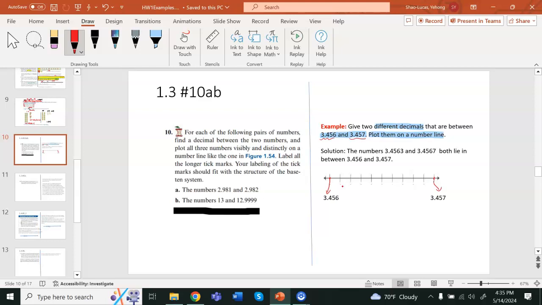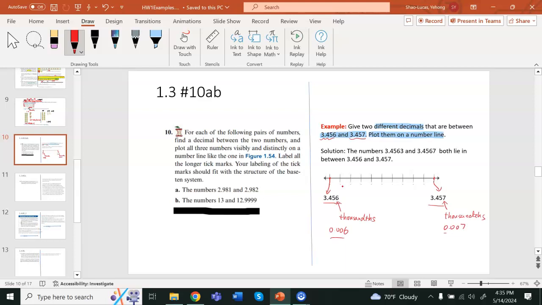Remember, between these two numbers, you can see the two given numbers, 456 and 457. This 6 means 6 thousandths, or you can say 0.006, but this 7 means 7 thousandths, or you can say 0.007.